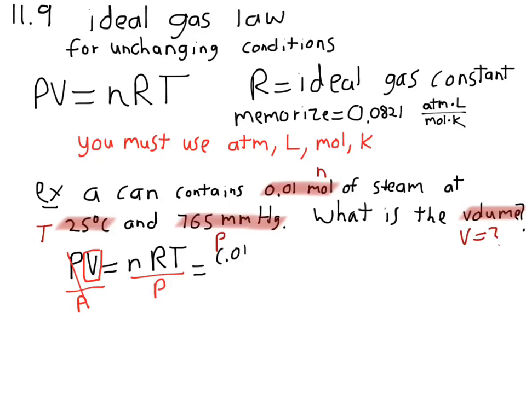So my n is 0.01 moles. My R that I need to memorize, 0.0821 atmosphere liters over moles Kelvin. Please write the units so you can remind yourself to use those units in the other numbers.